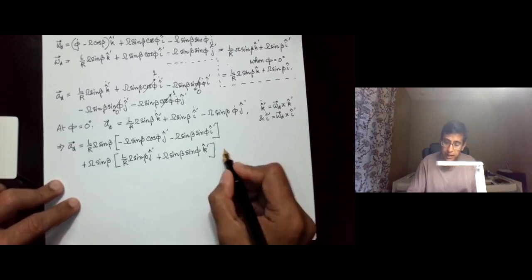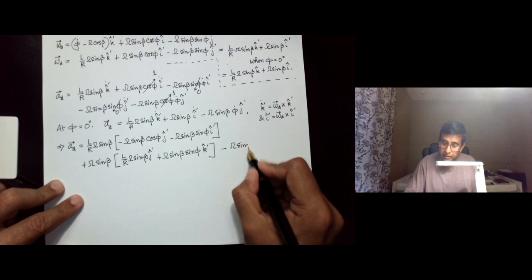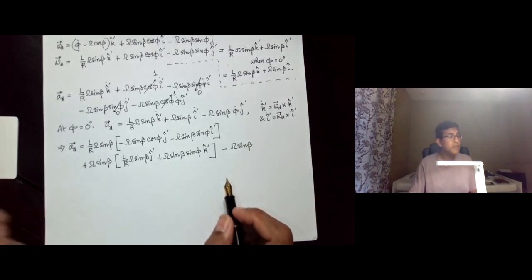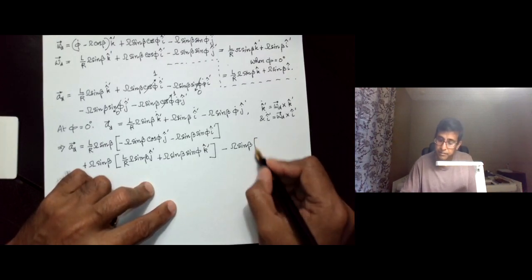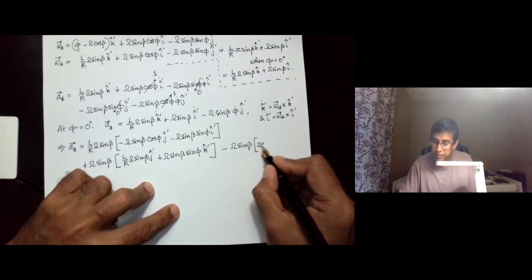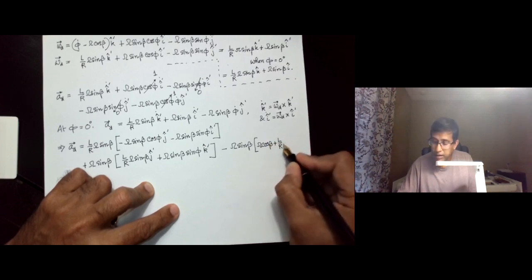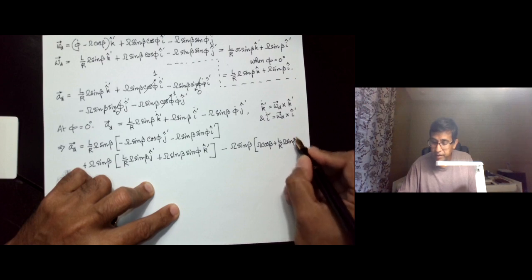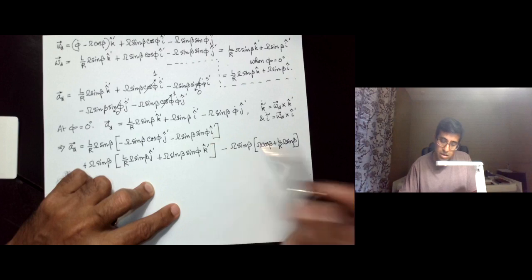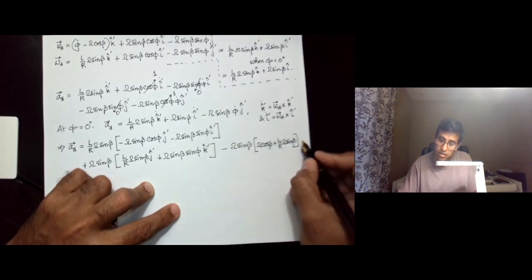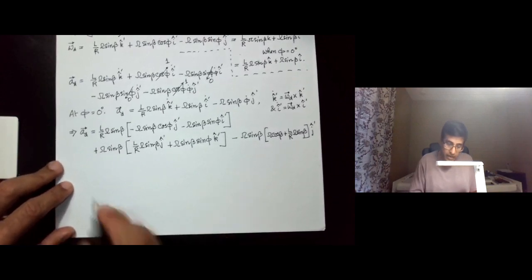Okay, and then finally we have minus omega sine beta, and we can substitute for phi dot. Phi dot is omega cosine beta plus L over R capital omega sine beta, and this is going to be in the j prime direction.